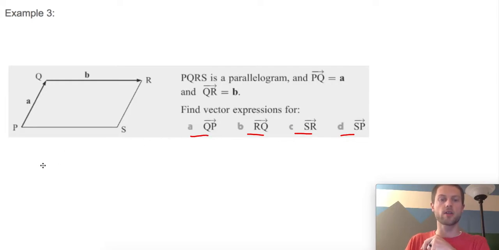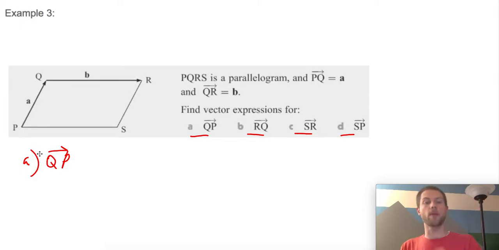So if we wanted to find an expression for QP, that vector would be the vector created that is emanating from Q and terminating at P, and that is going to be the parallel and same size, same length vector as A, however it's in the opposite direction.